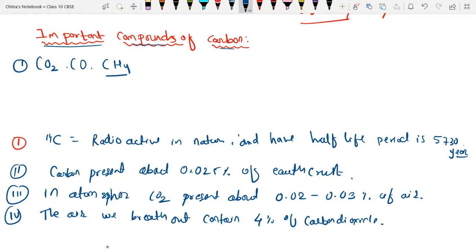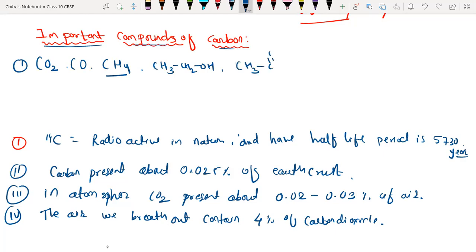We will discuss one by one later on. After that, we have CH3CH2OH, ethanol. The spirit that we use as a sanitizer contains ethanol.